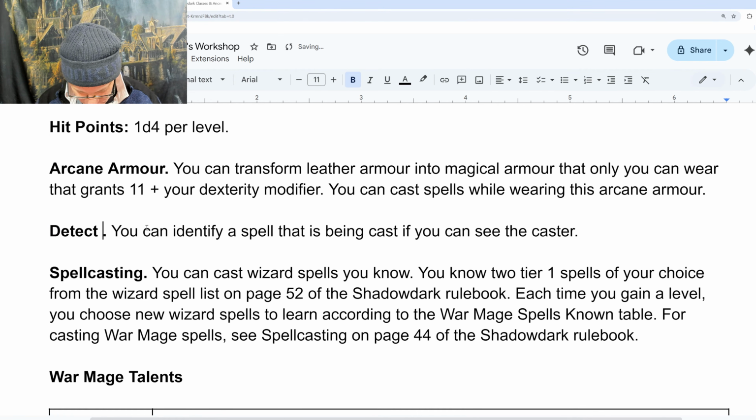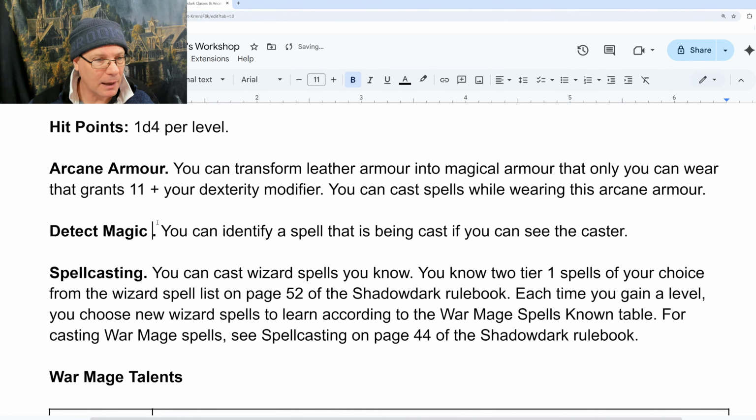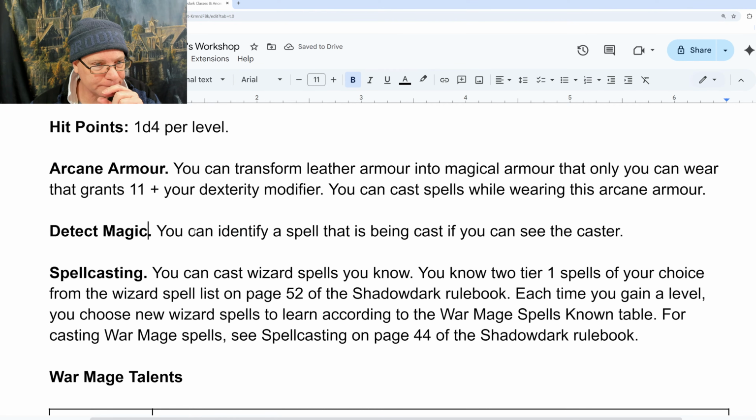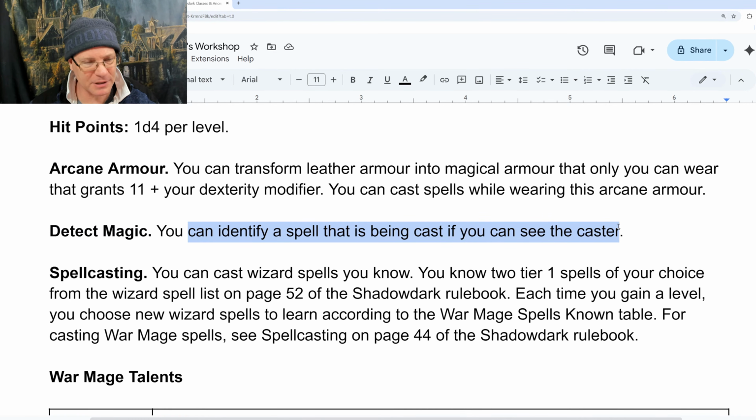Detect Magic. Oops, and I'll just do this. Let's get rid of this because this is probably tied too much to combat.